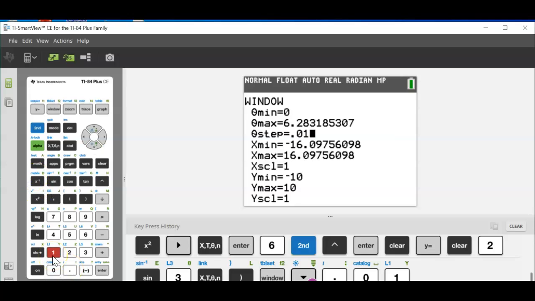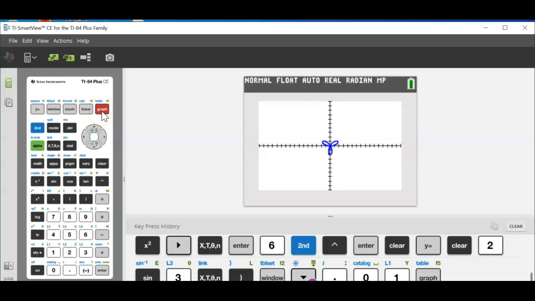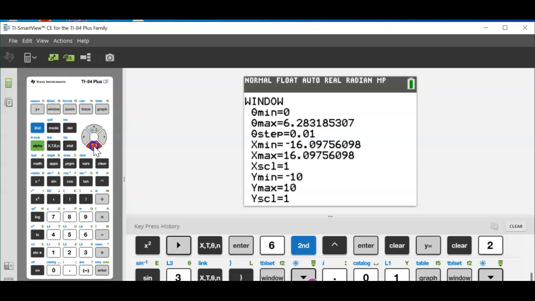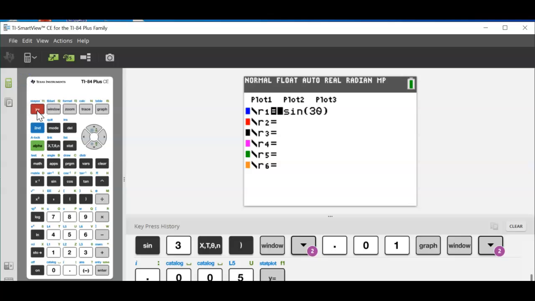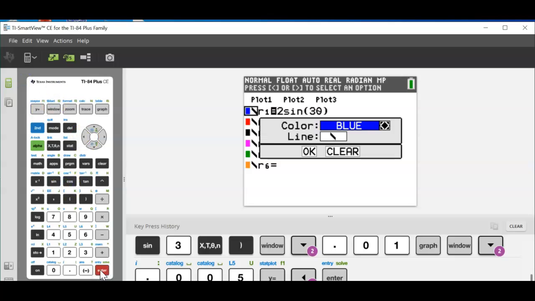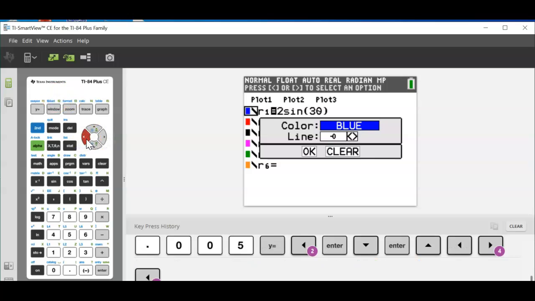That may be too fast or maybe too slow. Yeah, that's a little fast. I'm going to make it a little bit slower. Let's try 0.005. And I'm going to go to my y equals, and I'm going to change this so that we get the football. There we go.